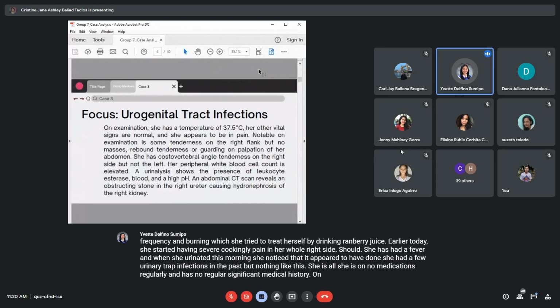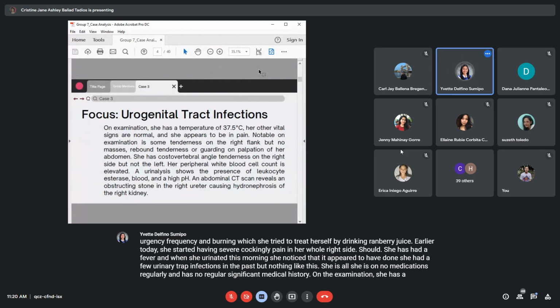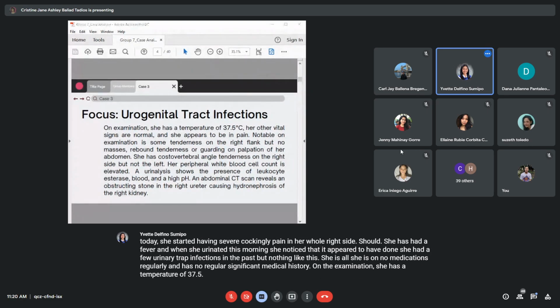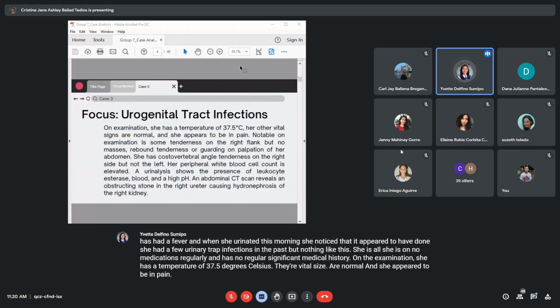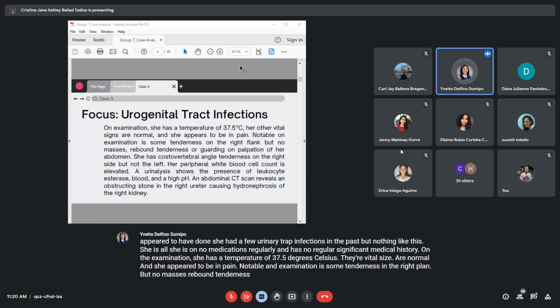On examination, she has a temperature of 37.5 degrees Celsius. Her other vital signs are normal, and she appeared to be in pain. Notable in examination is some tenderness in the right flank but no masses, rebound tenderness or guarding on palpation of her abdomen.